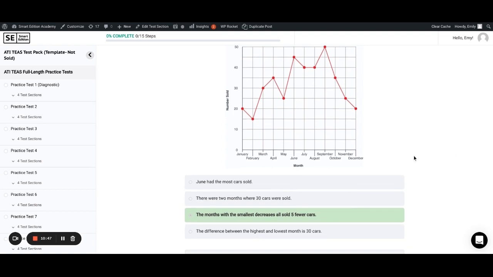And you can kind of see that here. So January they were 20, February they were 15, that's -5. In the month of June, they had 45. In the month of July, they had 40, that's -5. In the month of November, they had 25. In the month of December, they had 20, that's -5.